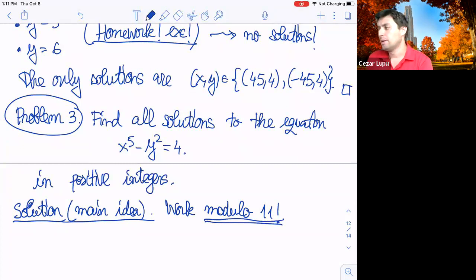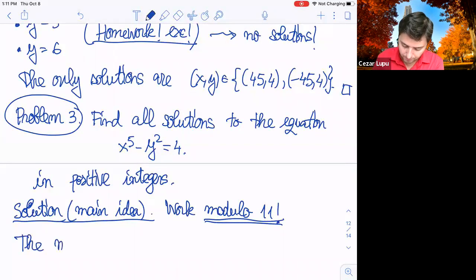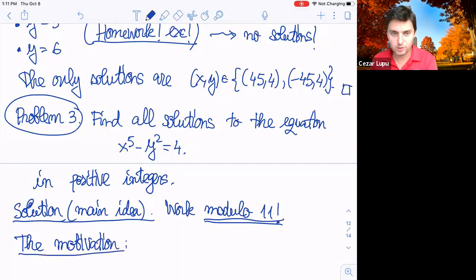Well, what is the motivation behind working modulo 11? The motivation is the following. This is a way to look for why you should look modulo 5, 7, or 11. But in this case, when you look modulo 5, you won't go anywhere. When you look modulo 7, the same thing, but modulo 11 will give you something.